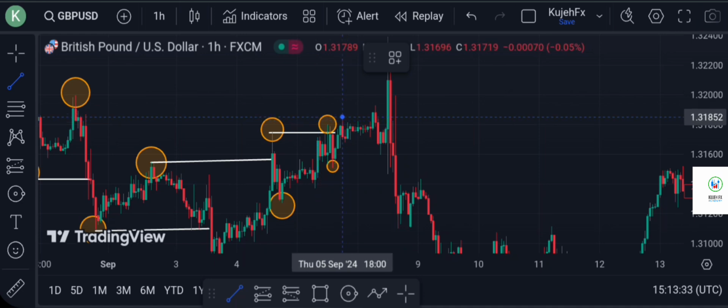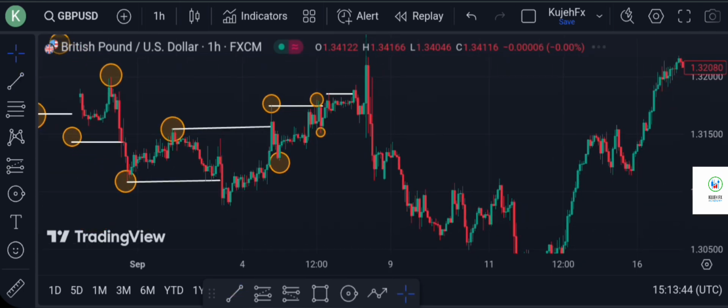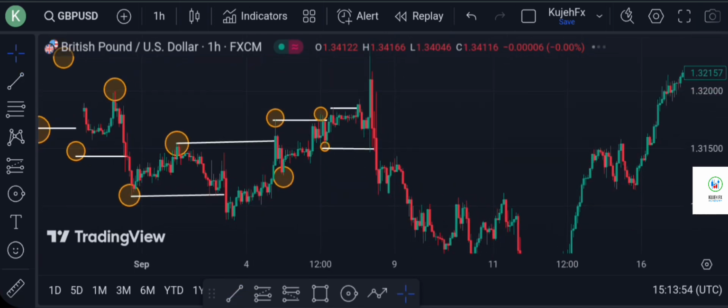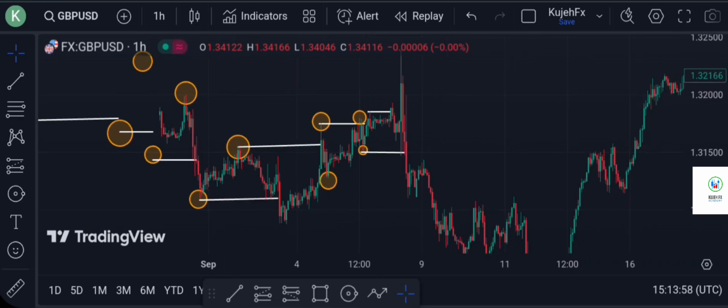So the market broke structure to the upside, telling you that it wants to continue its trend upward. And then what happened is the market came back to break a structure in the opposite direction, which is here, telling you that it is now time to change character from uptrend to downtrend.